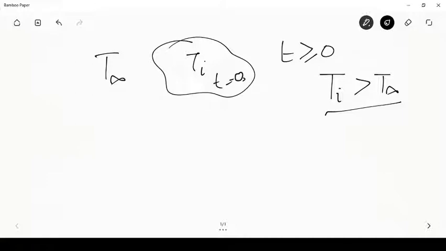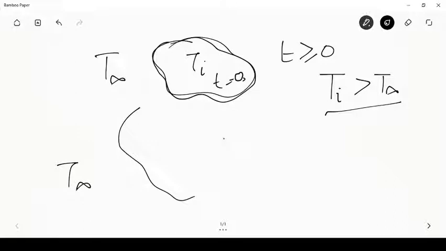Now what will happen? At time t equal to 0, suddenly this surface becomes aware that there is a change in temperature. If I look at a close-up of the wall, somewhere like this is T infinity, and far away it is Ti.